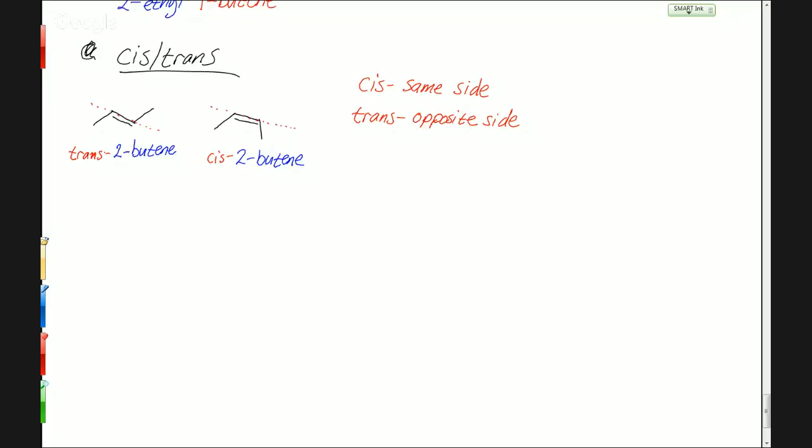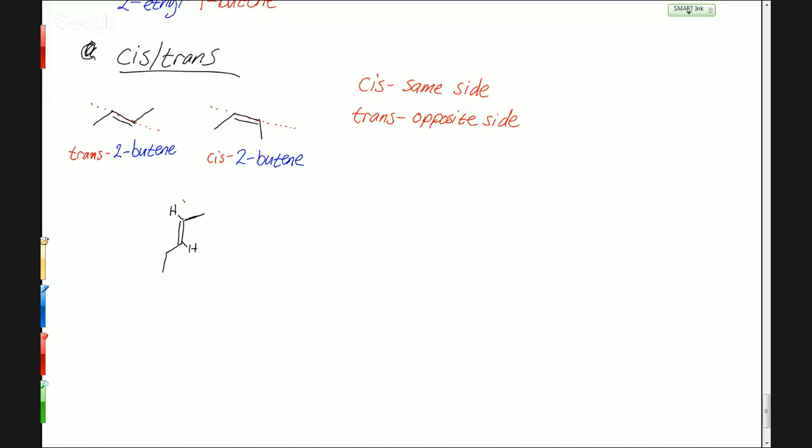That's why we draw that dotted line, because sometimes it's not always clear. Let's say we drew a molecule like this. And we want to know if it's cis or trans. We do the same thing. In this case, since we're looking for things that are the same, we want to look at the two hydrogens that aren't shown.